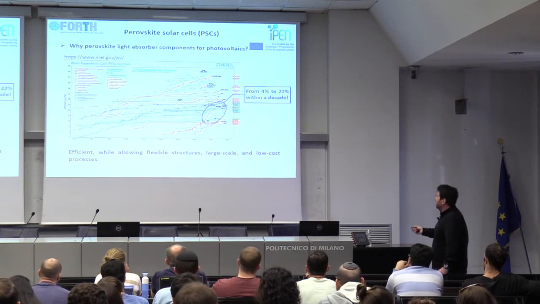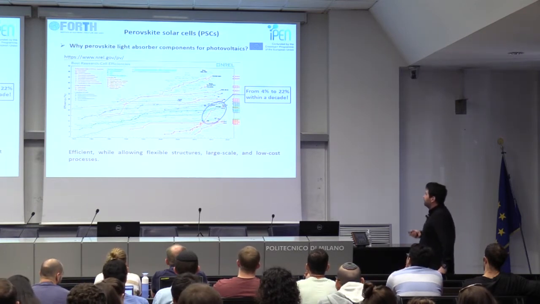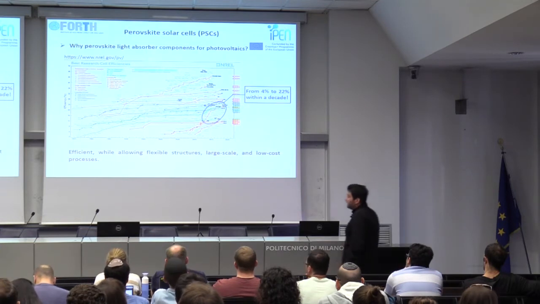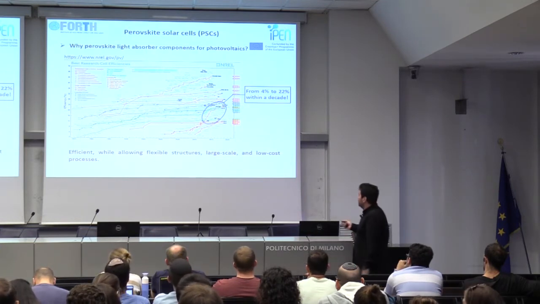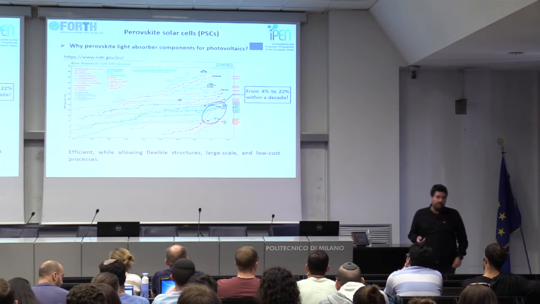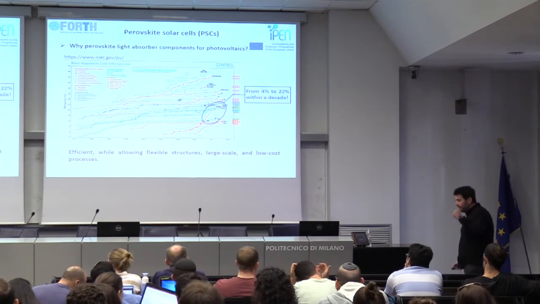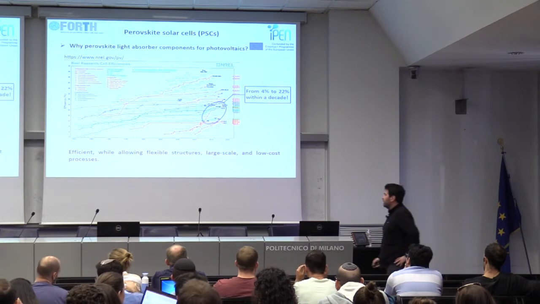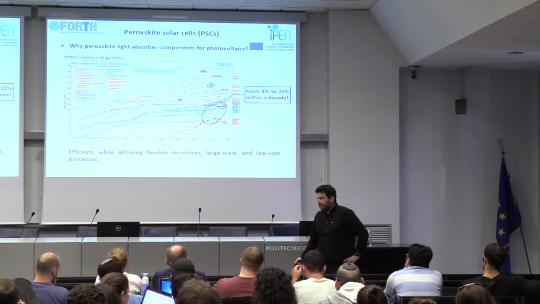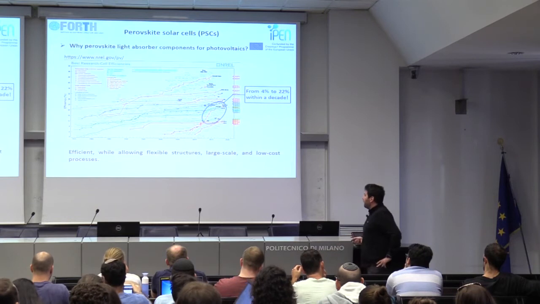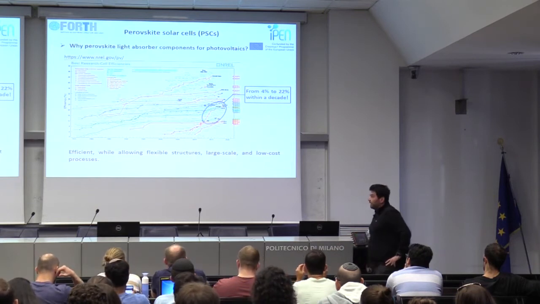And on the other hand, for the other types of photovoltaics like the organic or silicon, etc., it took several decades to reach this point. So people believe that this is going to be the component of next generation photovoltaic devices. So efficiency is one thing.